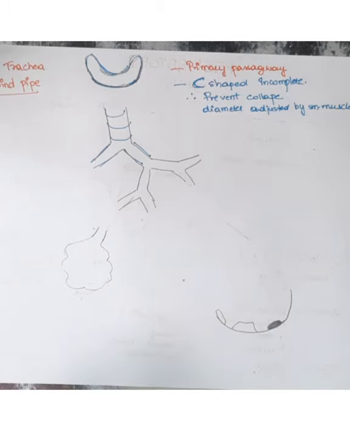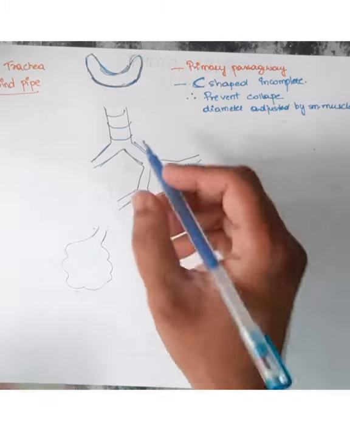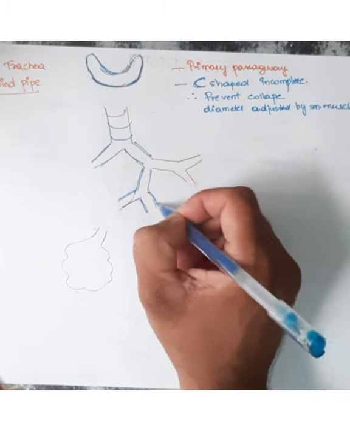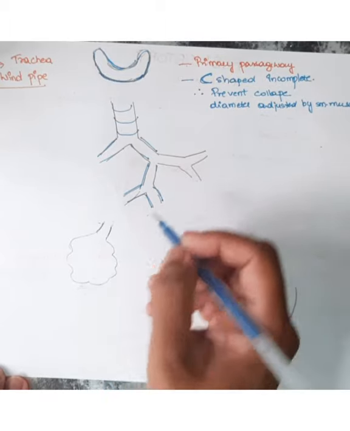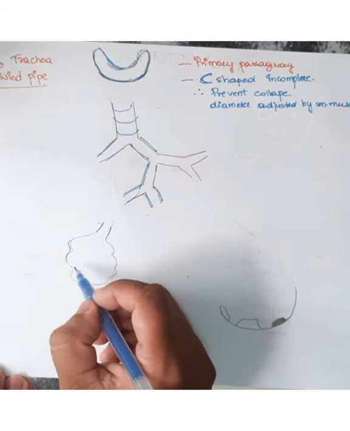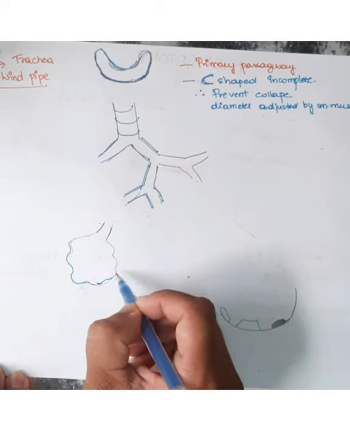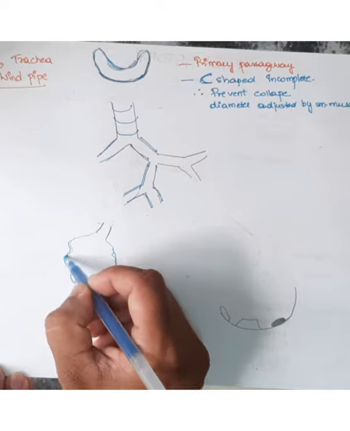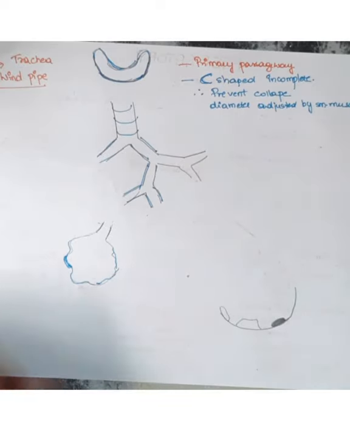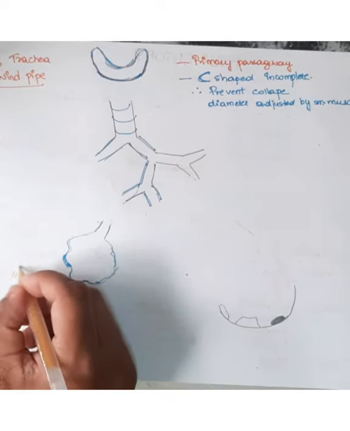The bronchi then divide into the bronchioles, different types of bronchioles like terminal bronchioles, respiratory bronchioles, etc. And it leads to alveolar ducts and the alveolar sac, which consists of the primary site of gas exchange, the alveoli.